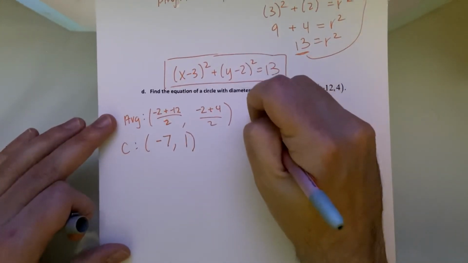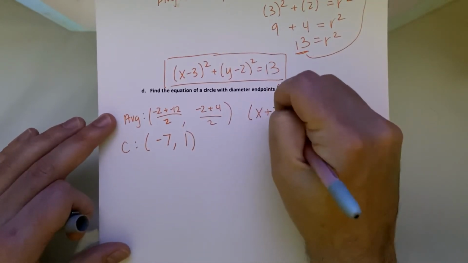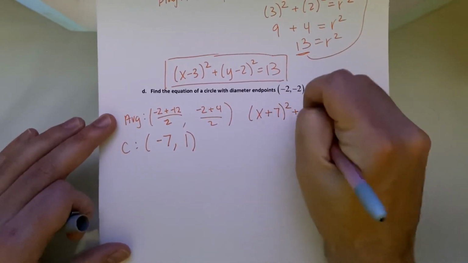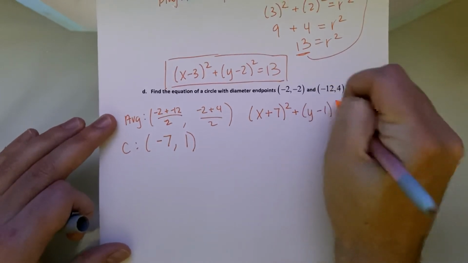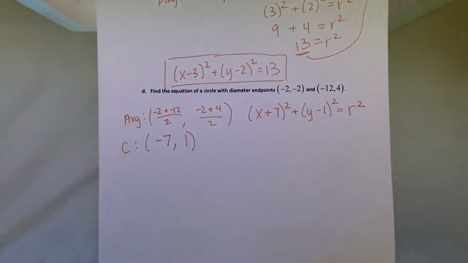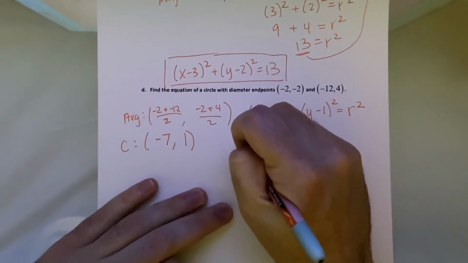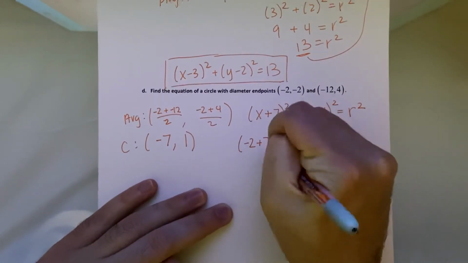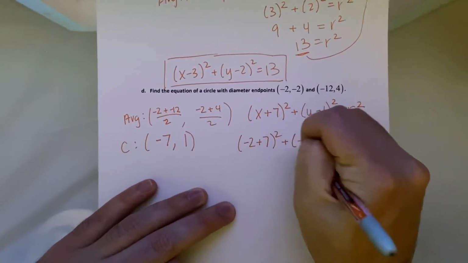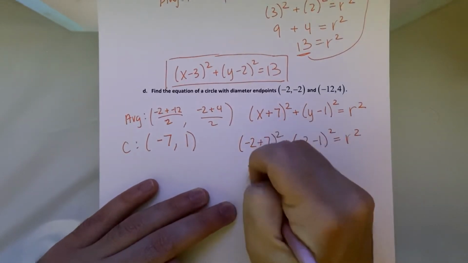So I know the base form of my equation is x minus negative 7, so that's plus 7 squared, plus y minus 1 squared equals r squared. So again, I can plug in any point to see what my r squared is. I'll plug in the negative 2, negative 2. Negative 2 plus 7 squared plus negative 2 minus 1 squared equals r squared.